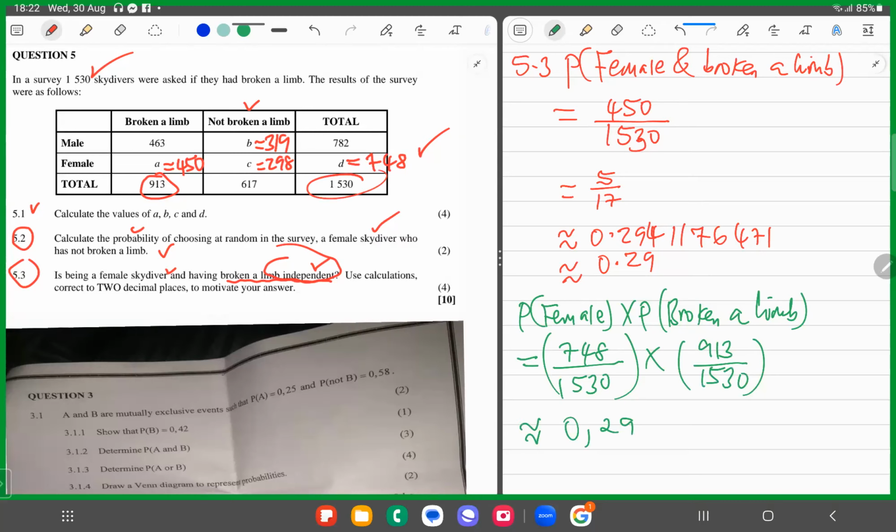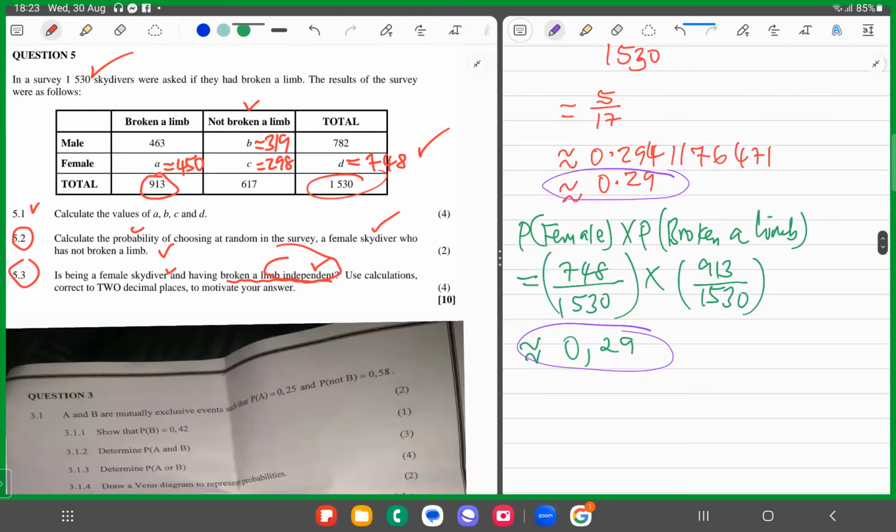Good news. We can see that the probability is 0.29 there and 0.29 there. So the probabilities are the same, so the two events are independent. And this becomes the conclusion.